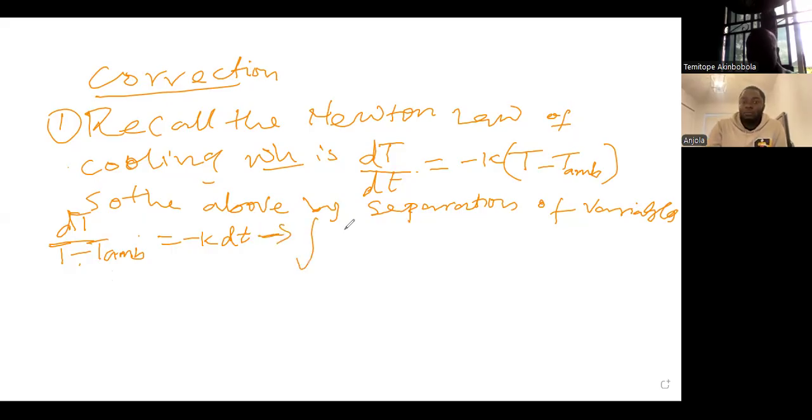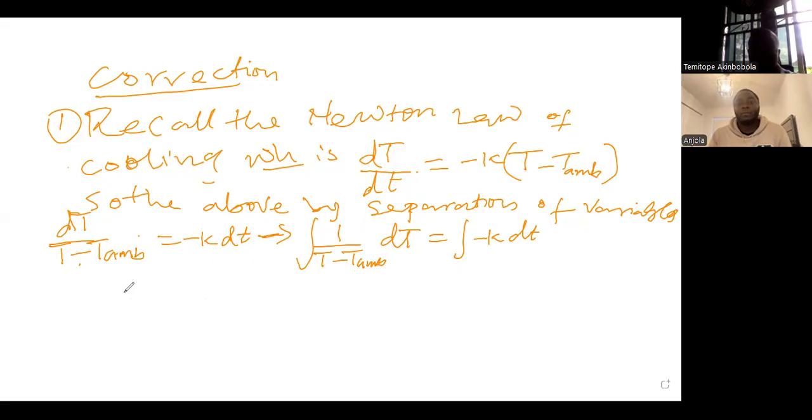That will be the integral of 1 over T minus T amb dT, with the capital T, equals the integral of minus k dt. I can integrate this using integration of the form f prime over f. If you differentiate the denominator with respect to T, it gives you 1, and that's what you have in the numerator. So that condition is satisfied.